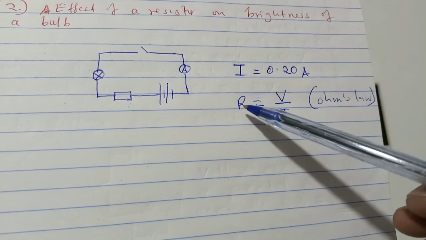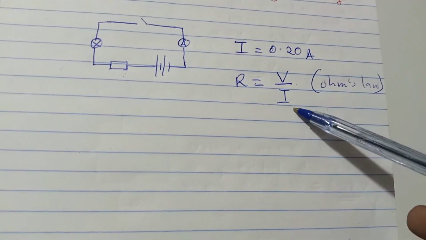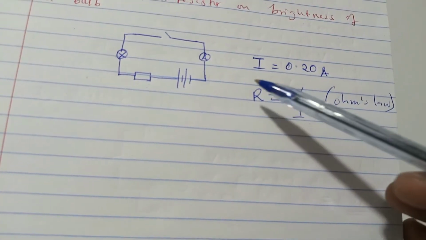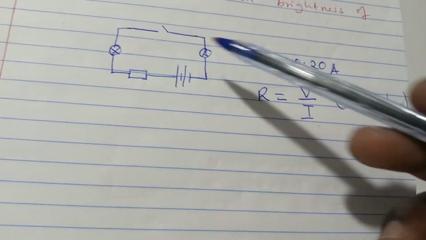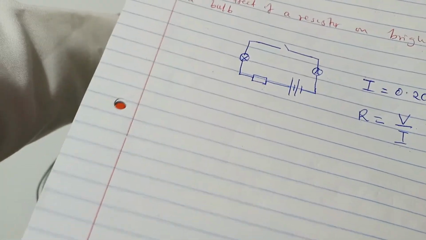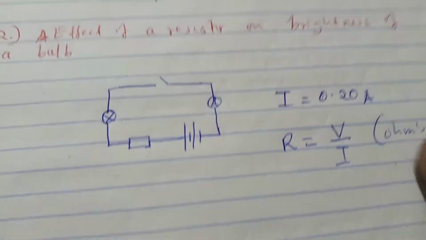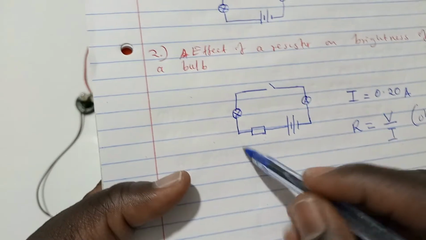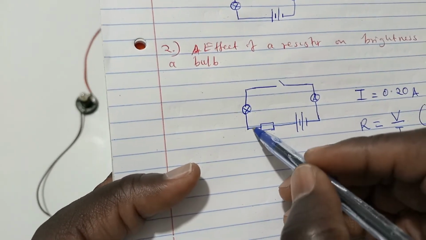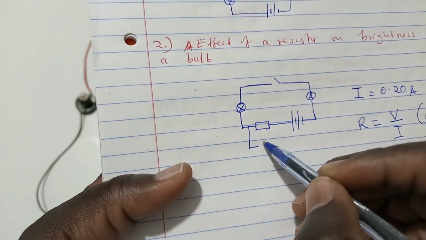We know that R is given by V over I, where R is the resistance of the resistor, while I is the current that is flowing, which is already noted here. This is Ohm's law. So what we are going to need is a voltmeter which will be connected across the resistor.